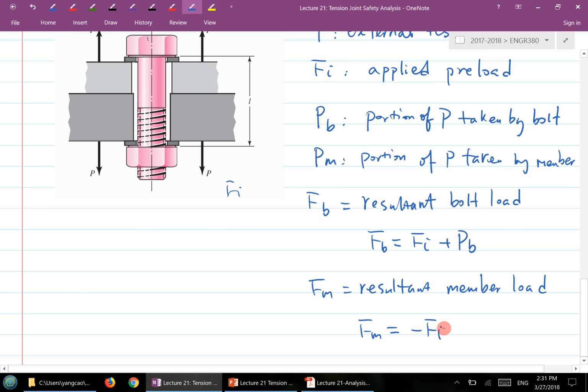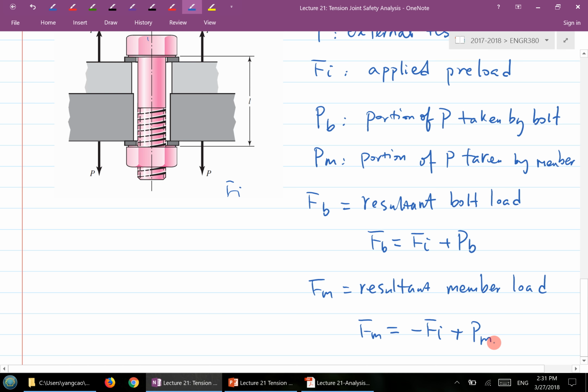And now the portion of the external P taken by the member, Pm, acts as a tension force, so it needs to be subtracted out of this Fi. So negative Fi plus Pm, not Pb, Pm. That gives you the amount of Fm.